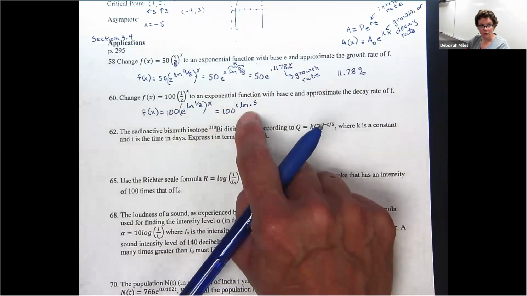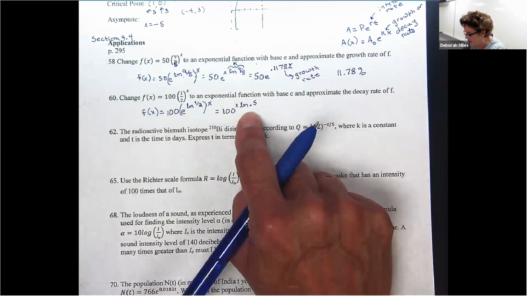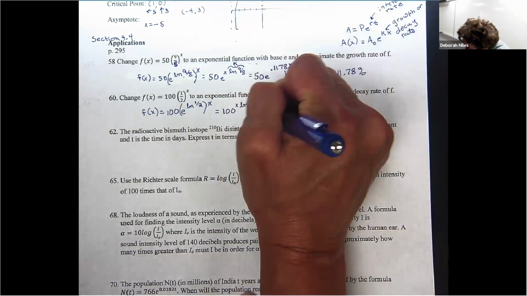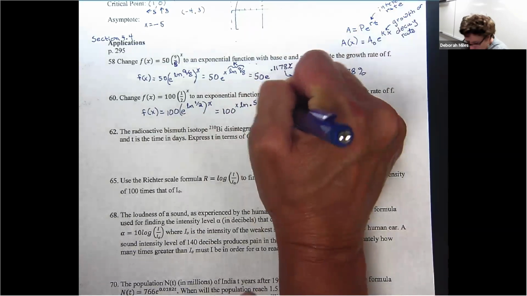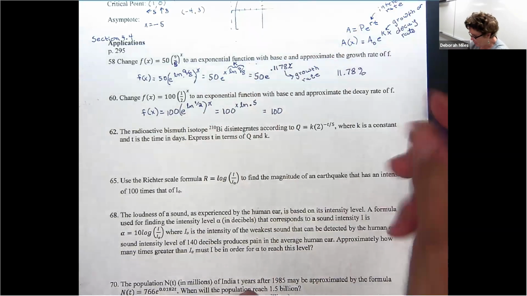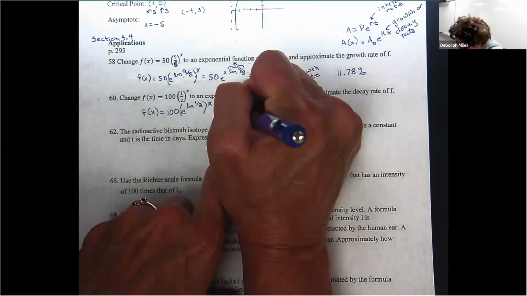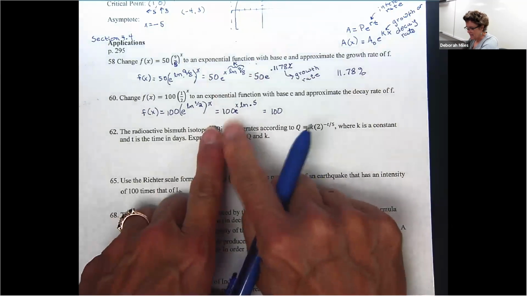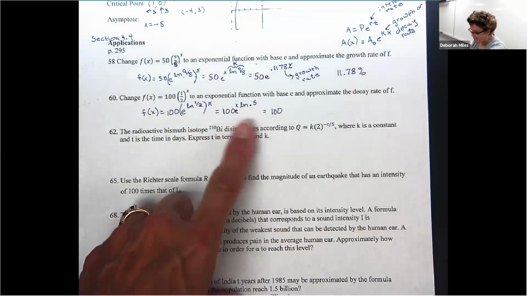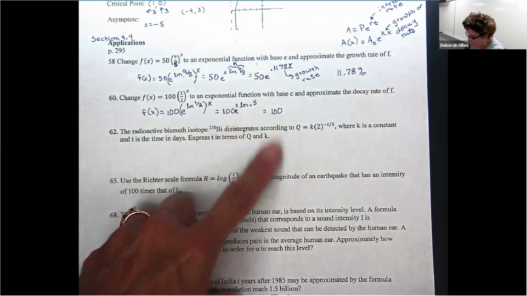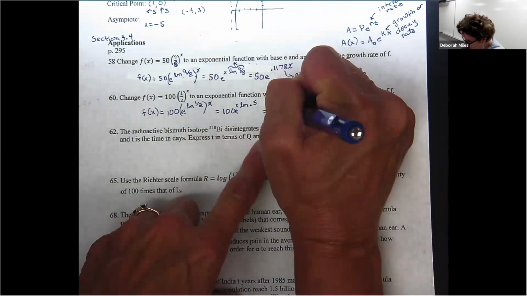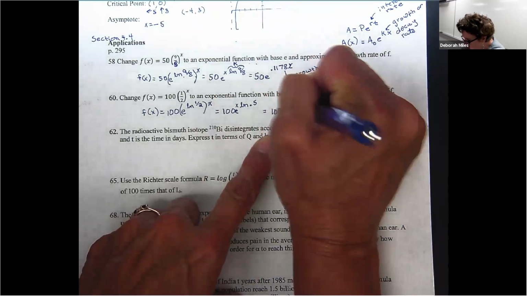Actually, my exact growth rate is natural log of 0.5. A decimal approximation of my growth rate would be, let's see, I've already punched this on my calculator. I left out my e right here, I'm sorry. e to the x times natural log of 0.5. Natural log of 0.5 is negative 0.6931.